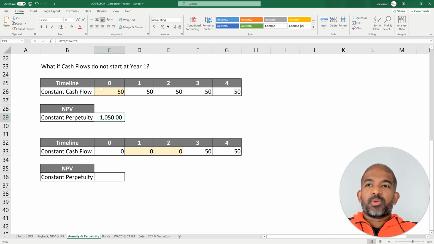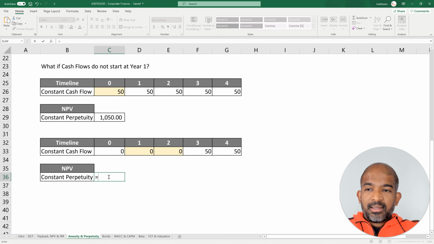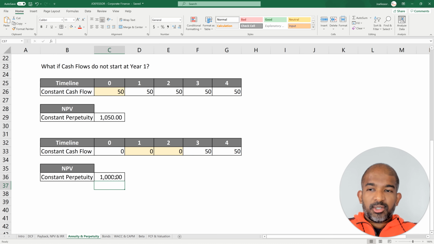Okay, that's quite straightforward. Next, we look at what happens when the cash flow starts at a later point in time. Let's say from year 3. Okay, so to do that, I'm going to use the regular NPV formula which we just learned. 5%. Okay, this $1,000 represents the net present value if cash flows start from year 1, not from year 3.